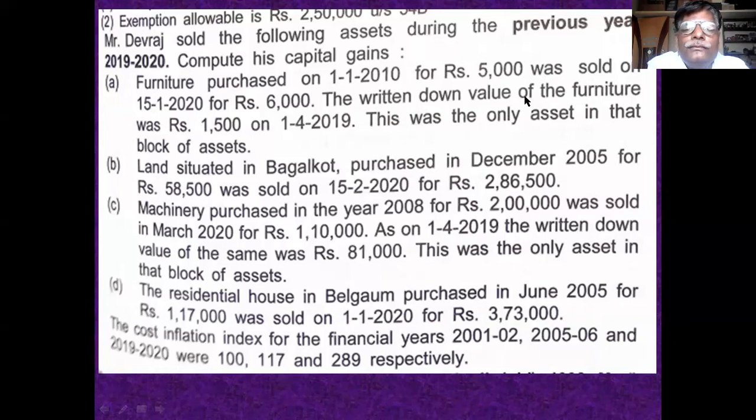Yesterday you told it. What is capital gain on furniture? Sale value, full value of consideration is 5,000 and written down value is 1,500.